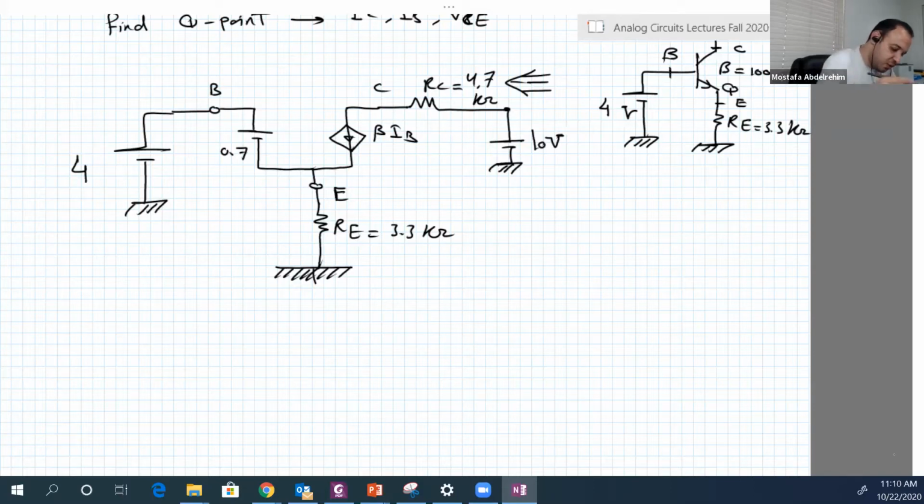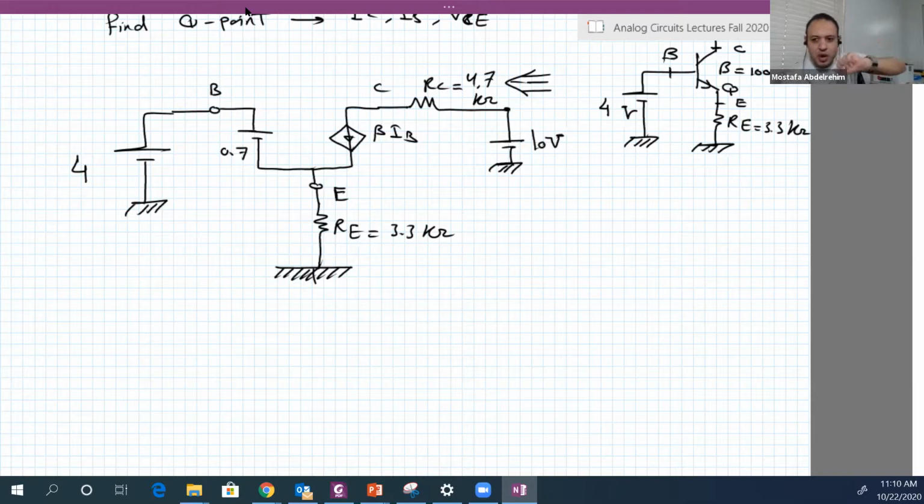Just one note here: it's really hard to see by just looking at the circuit if it's saturation or active. But you can anticipate if it's cutoff or conducting, which means active or saturation, I mean, whether there are currents.